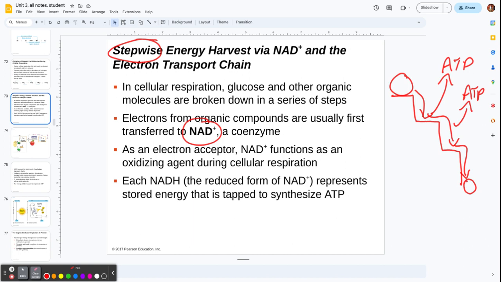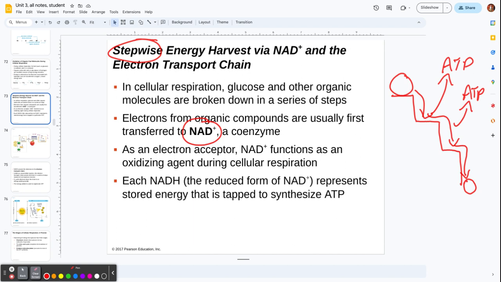And NAD is like a taxi. A taxi can have a fare or it cannot have a fare. NAD plus is a taxi without a fare. It is a molecule without electrons.